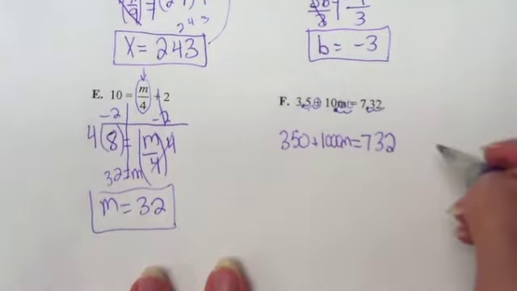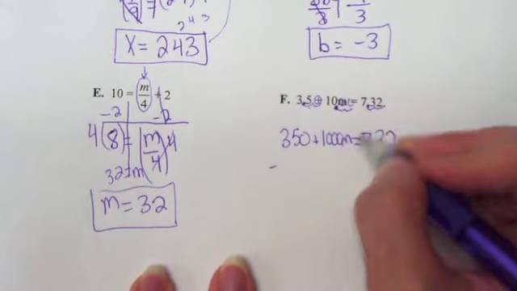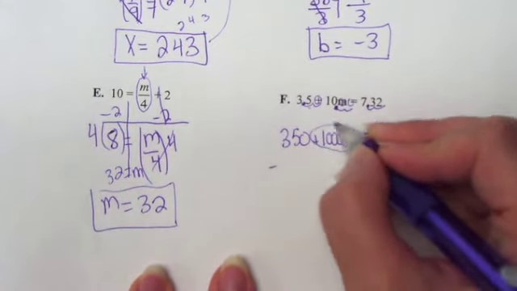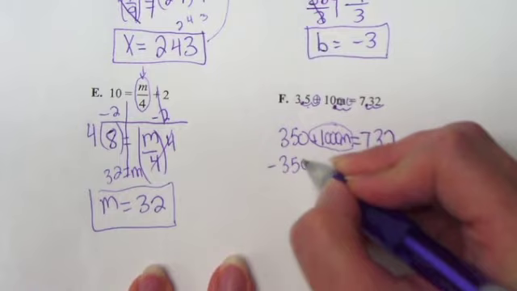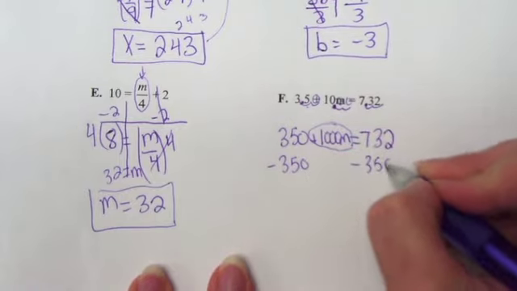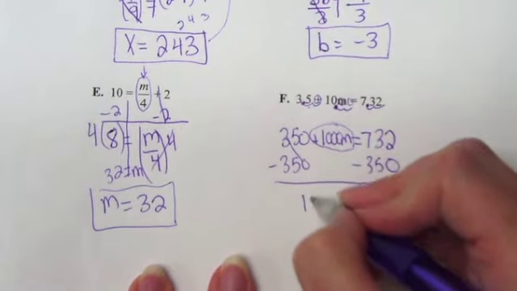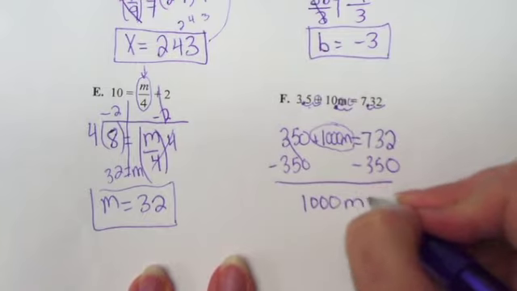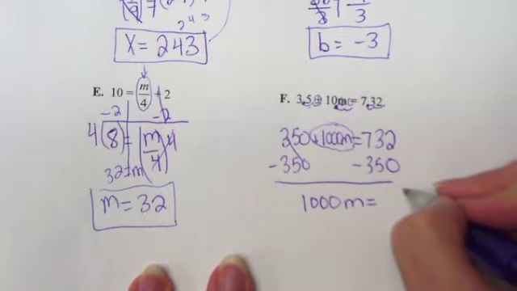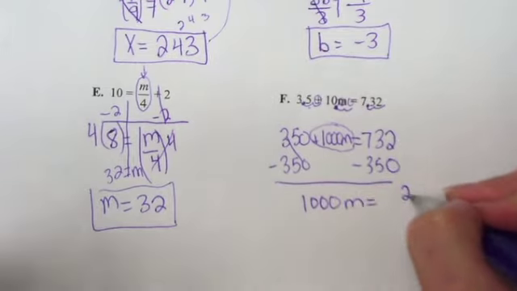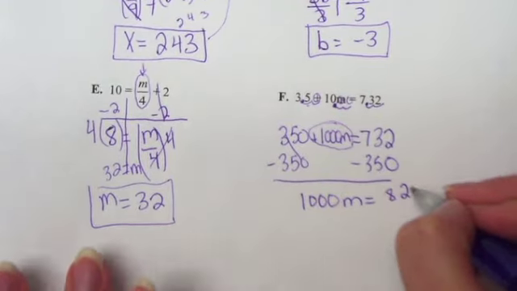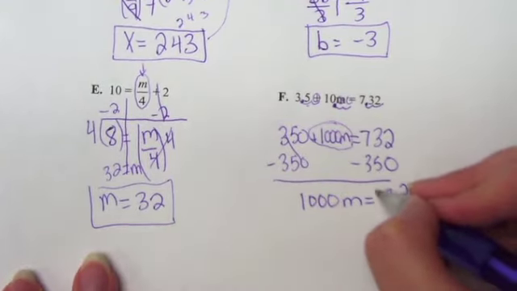Okay. So then from here we want to isolate the 1000 m. So we're going to take away the 350 on both sides. So we get 1000 m equals 482.